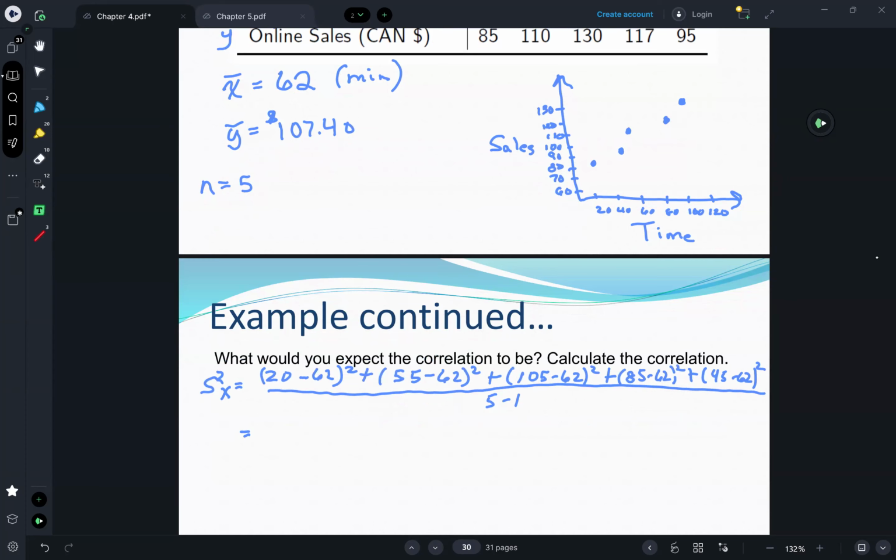So that would be negative 42. And I'm going to keep it in brackets because it has a negative and we're adding. The next one would be negative 7. And the next one should be positive. So that's going to be 43.